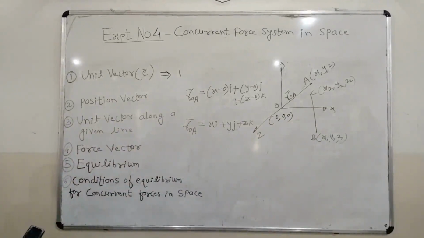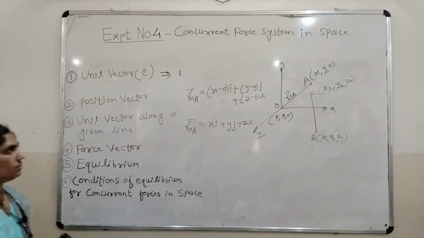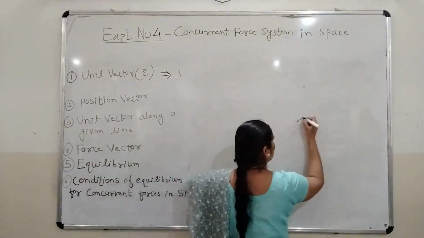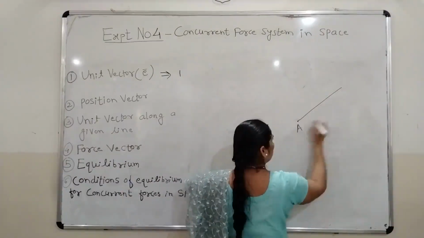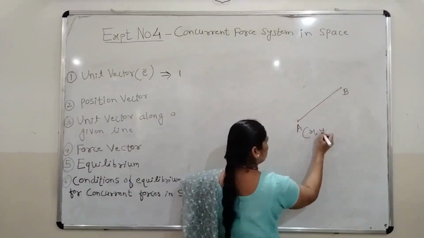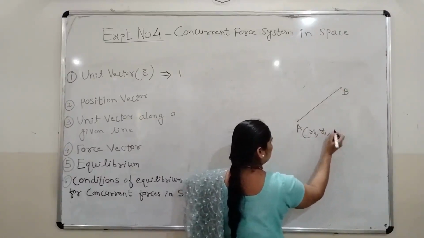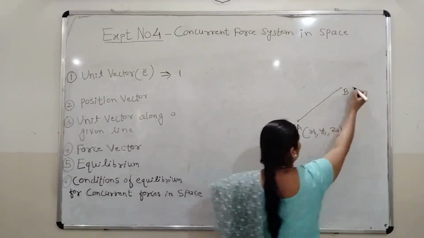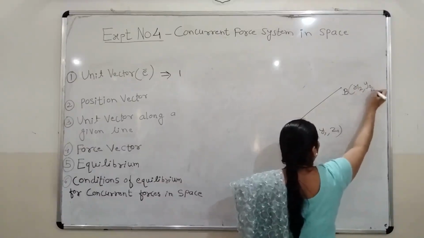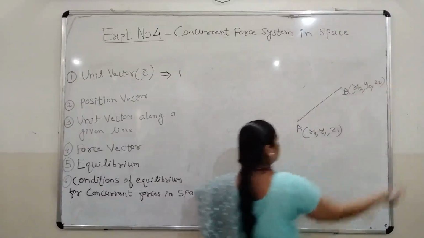Next is unit vector along a given line. Suppose this is a given line AB. Coordinates of A are x1, y1, z1. Coordinates of B are x2, y2, z2.